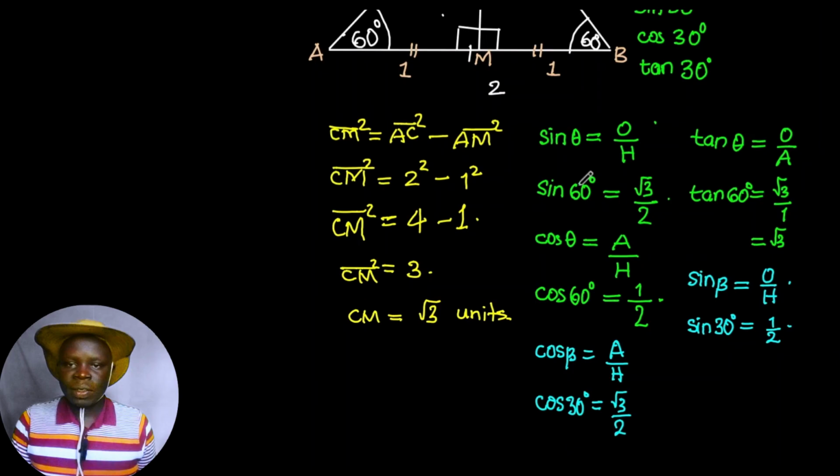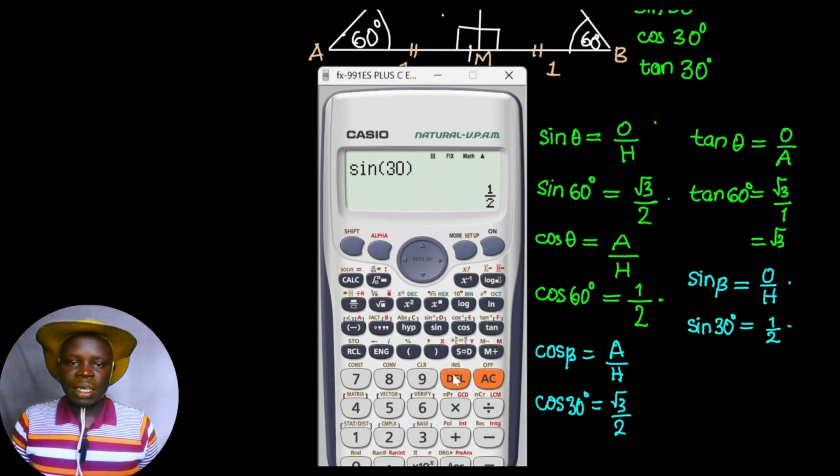And remember, 60 plus 30 gives us 90. These are characteristics of complementary angles: if they sum to 90, then their ratios swap. We try the calculator again, and cosine of 30 must give us root 3 over 2, and indeed it does.